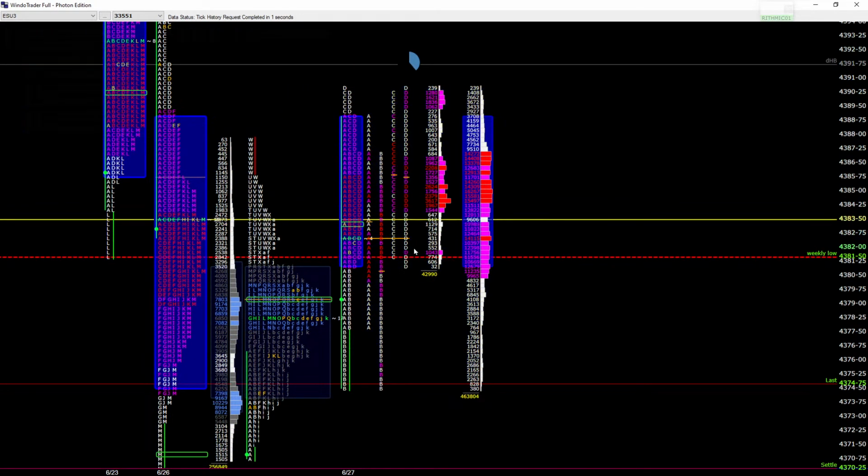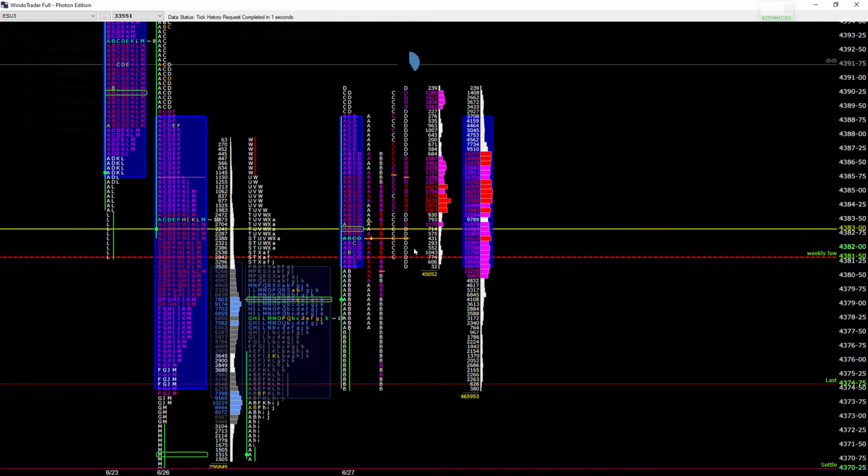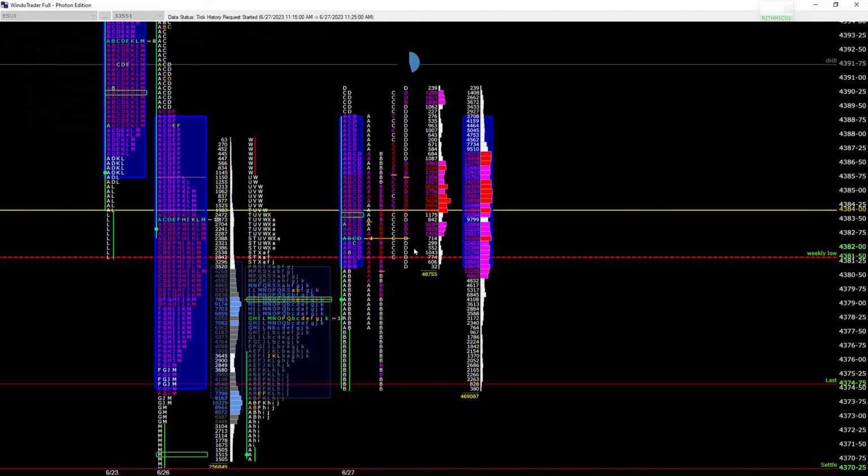Very, very questionable. Remember, the odds of rotation are high in this market. The market is having rotation here. A lot of chop here. There's nothing clear here.